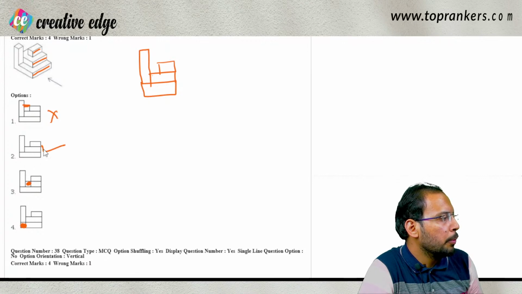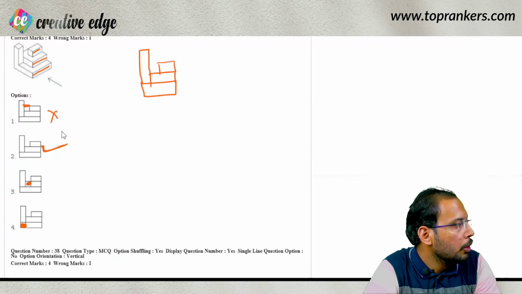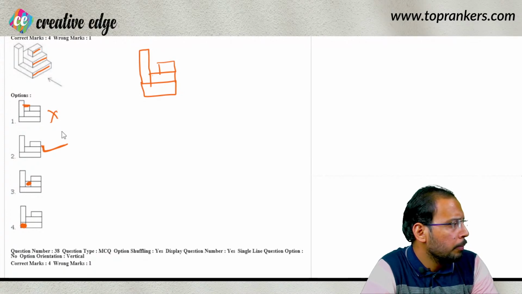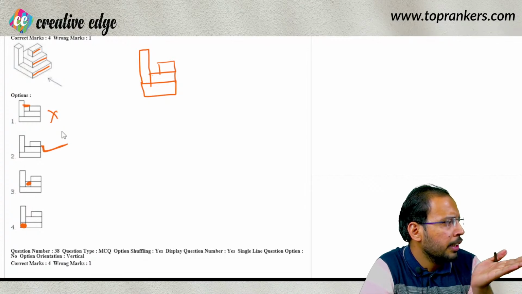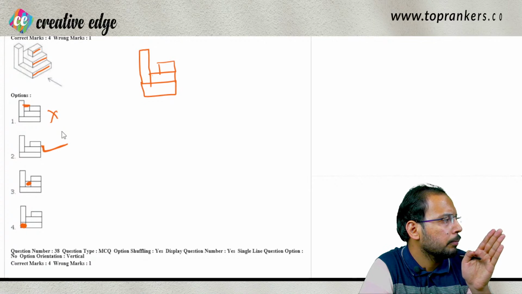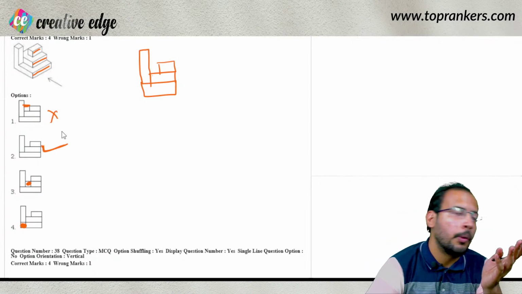So I believe 2 should be the correct one in this case. Okay? Let me cross-check this rectangle, then this rectangle, and this. So I believe option 2 should be followed.